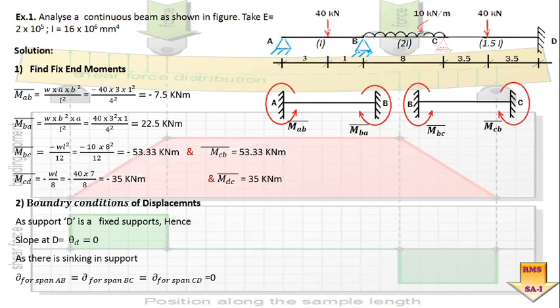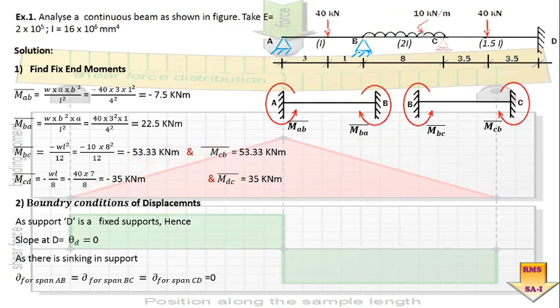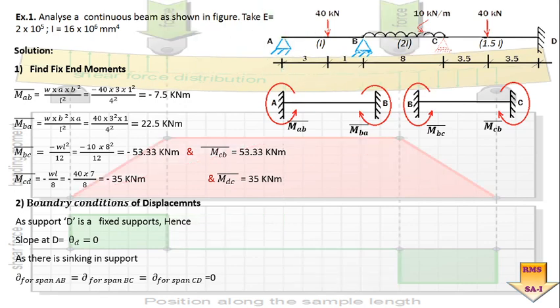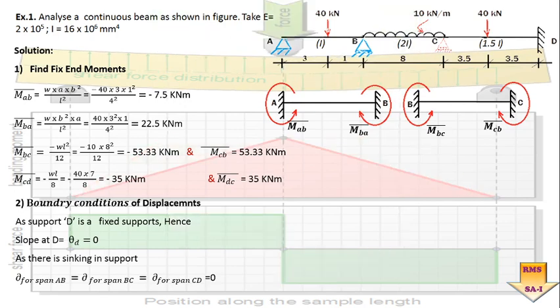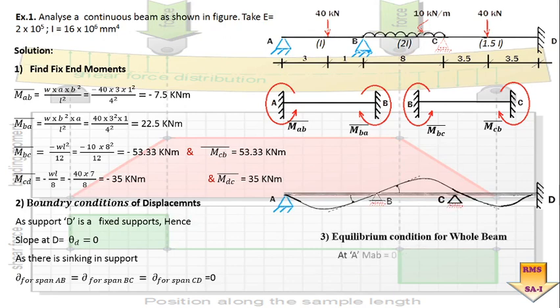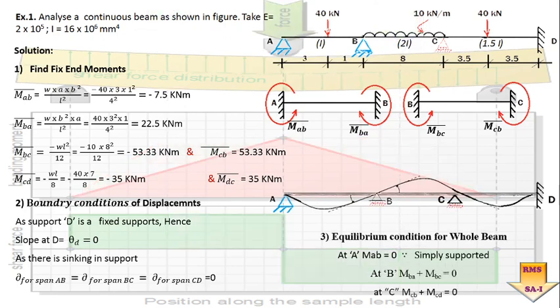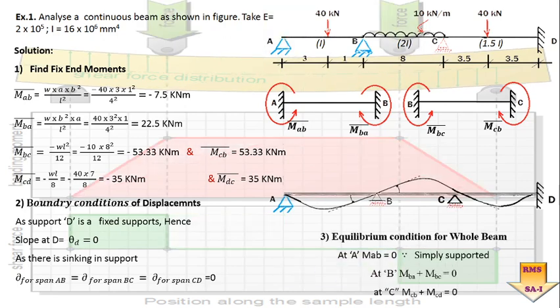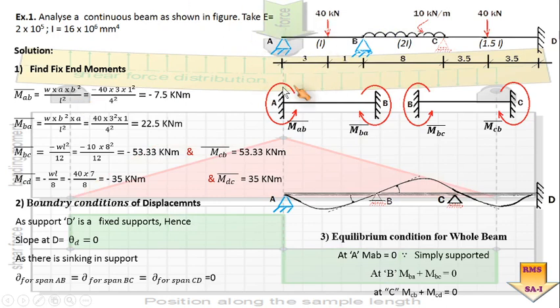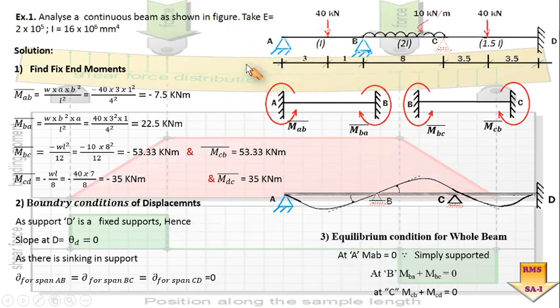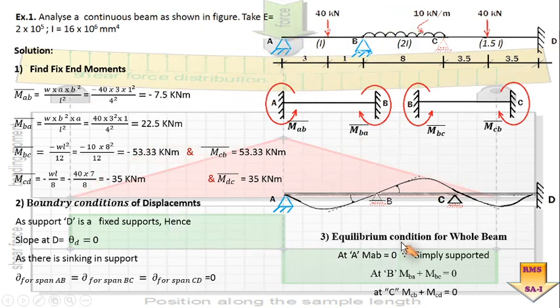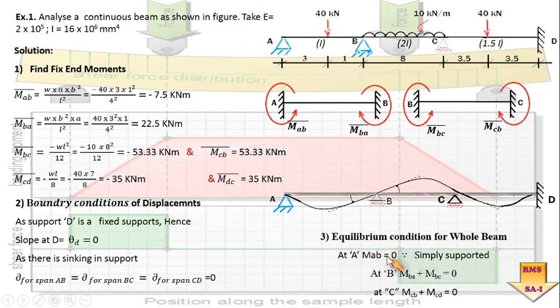Is it okay? Now the third thing which we have to understand at this moment itself, which will be later on used, is the equilibrium condition of the total beam. So here you can see as joint A is simply supported, so moment about that particular point has to be equal to 0.